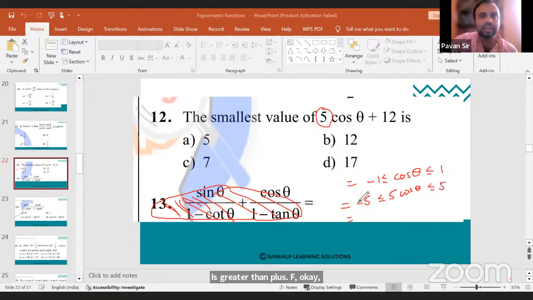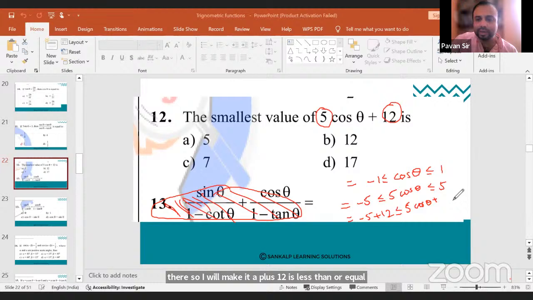Am I right? Then, since 5 cos theta plus 12 is there, I will add 12: -5 plus 12 is less than or equal to 5 cos theta plus 12, which is less than or equal to 5 plus 12.